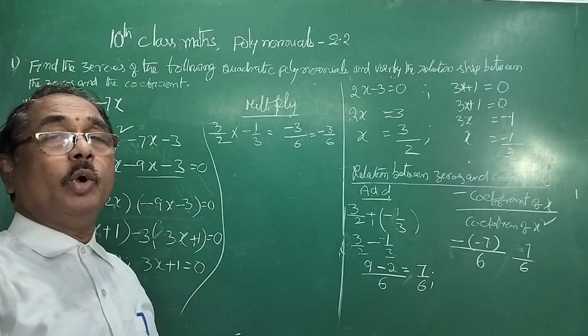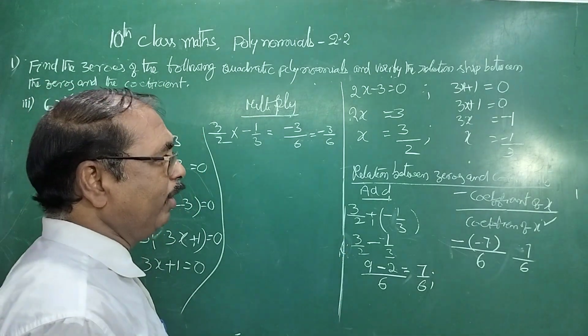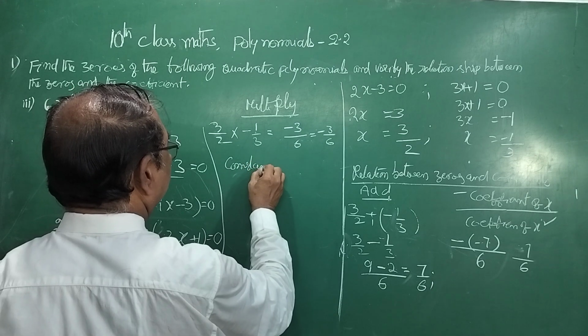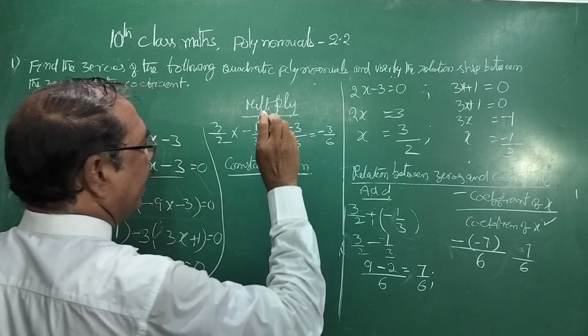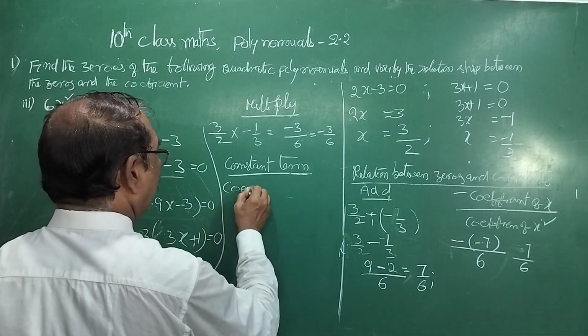As per the coefficients formula, when we multiply, what is the formula? Constant term by coefficient of x square.